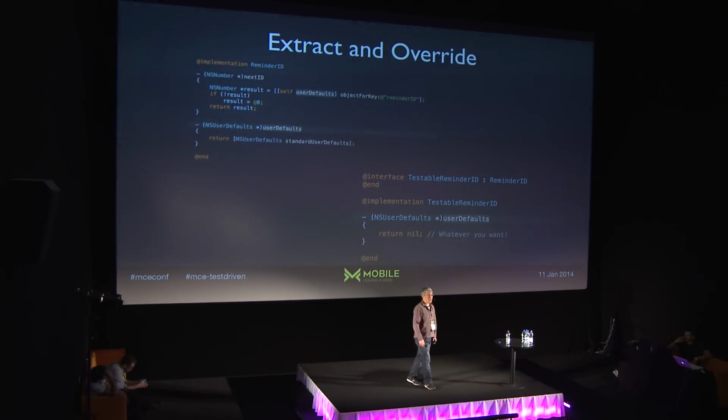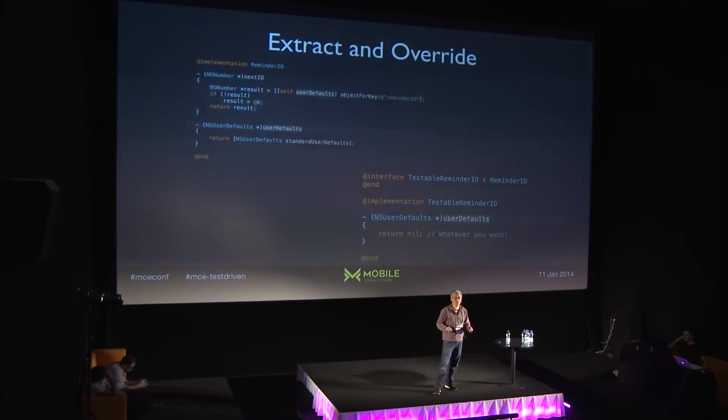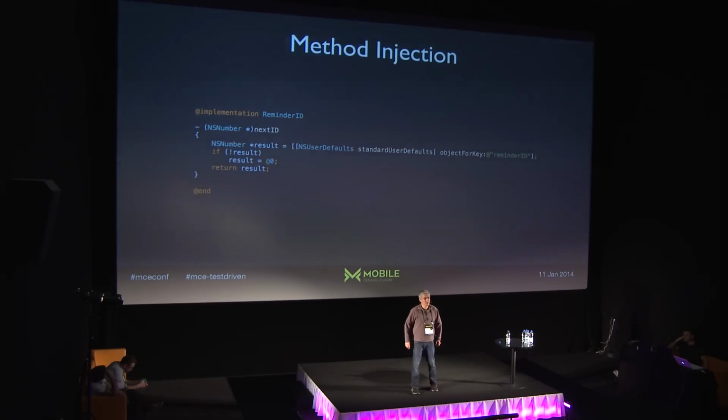It's a little bit risky, but this is especially powerful for legacy code because you don't have to change any signatures. Everything can stay as it is. So this is the first method. Here's another technique.